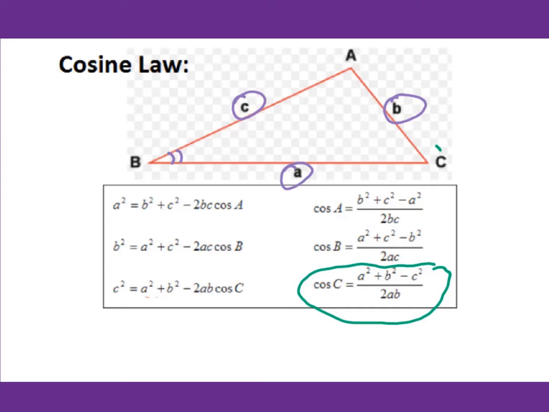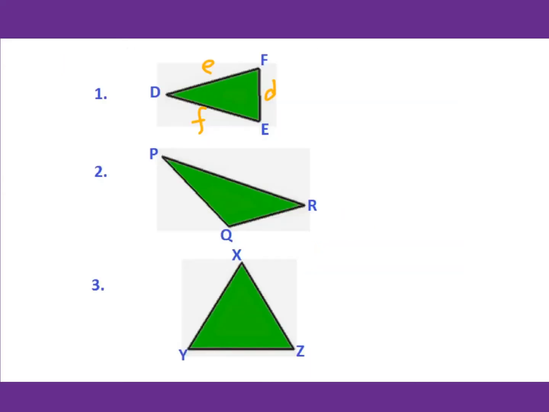For cosine C equals a squared plus b squared minus c squared all over 2ab, for number 1, we have cosine E equals f squared plus d squared minus e squared all over 2fd.